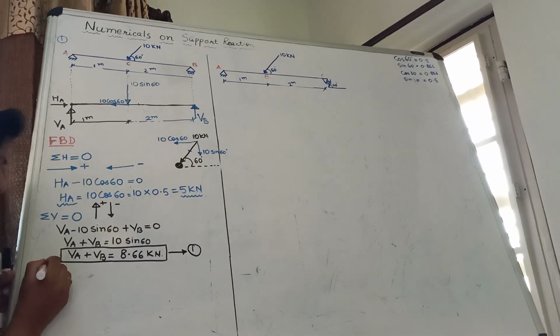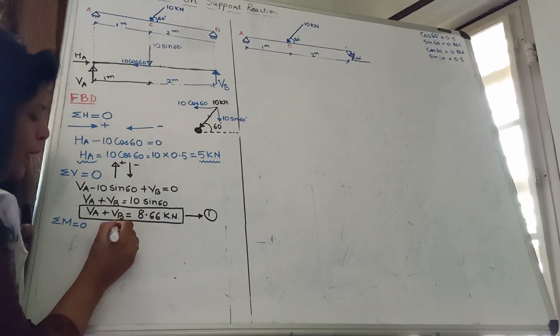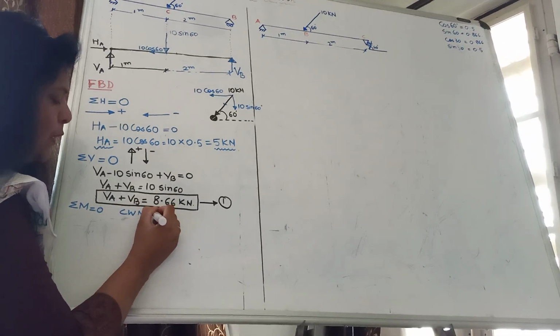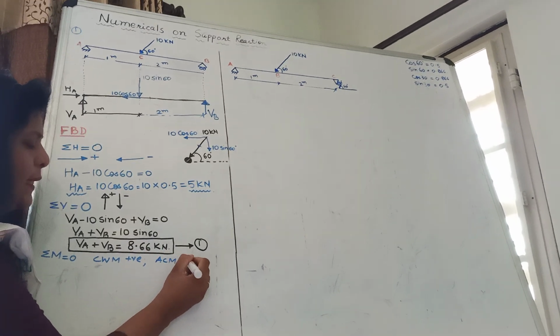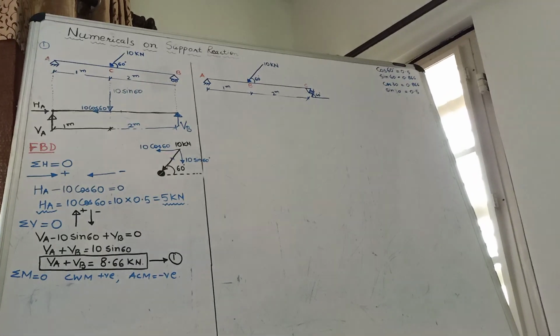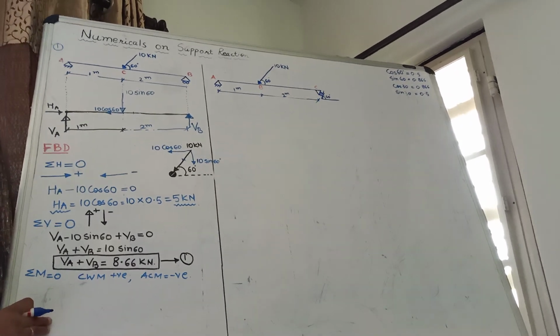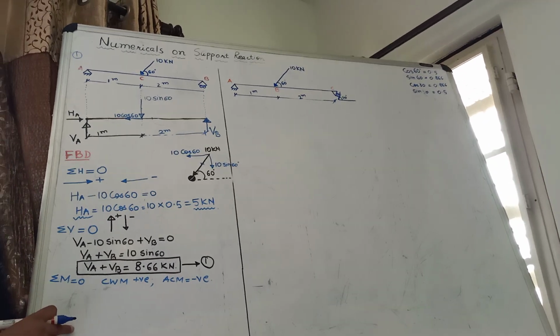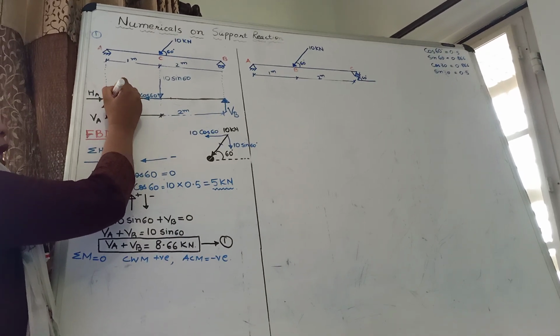Already I have told you that clockwise moment is positive and anti-clockwise moment is negative. Also I have explained that for moment we have to consider a particular point where we have to find the moment. Here we are going to take the moment at point A.